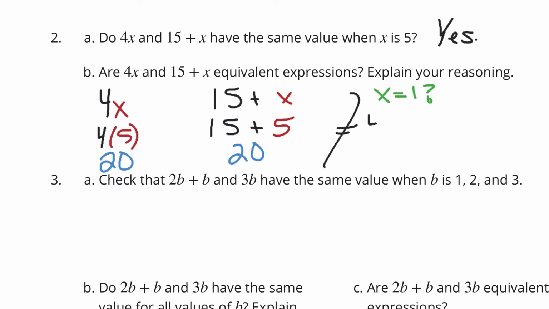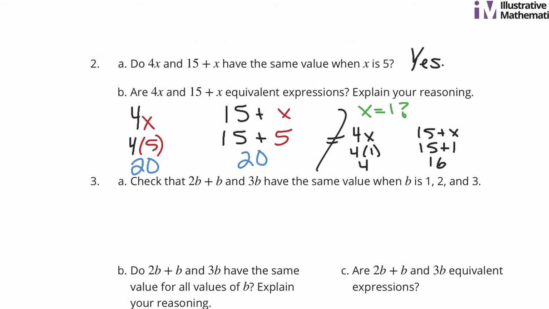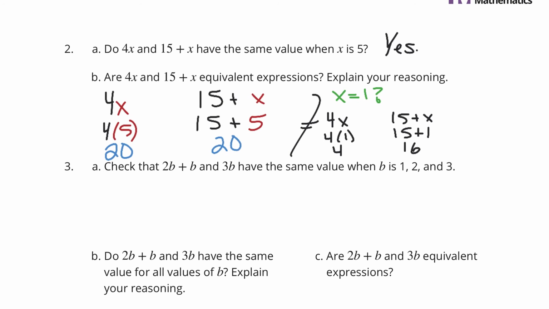For my 4x, this becomes 4 times 1, which is 4. For my 15 plus x, this would be 15 plus 1, which is 16. And so are these two equivalent expressions? We're going to say no.